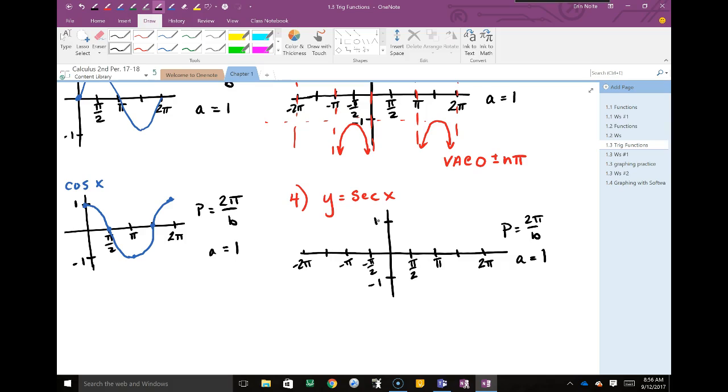Using that same thought process, I know I'm going to have vertical asymptotes for my secant function whenever my cosine function is 0. So where is my first vertical asymptote on my secant function going to be? At pi over 2, good. Again, I'm just going to do every 2 increments.